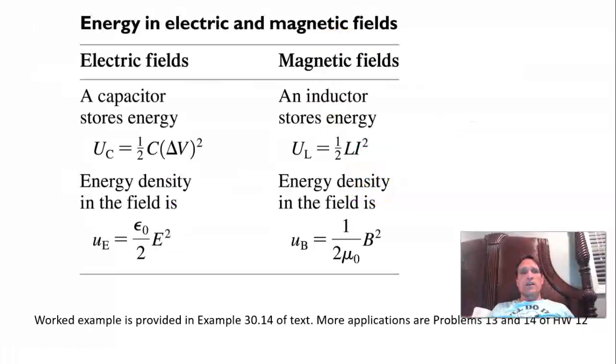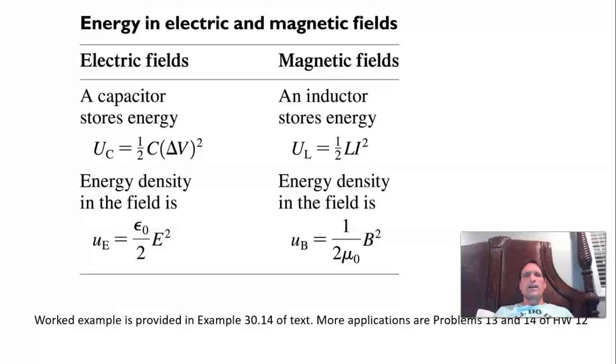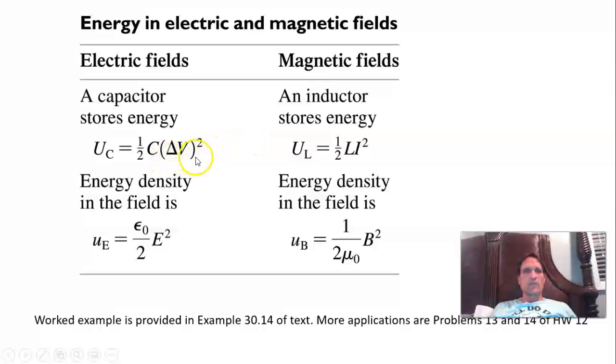So the final topic, and I'm just going to give the result, and there's a homework problem on it, is that we said the inductor stores energy in its magnetic field. In other words, it's like an energy bank, a lot like a capacitor. Remember, the capacitor stored potential energy 1/2 times C times the square of the potential difference across the plates. You can derive that the energy stored in an inductor is, again, 1/2, and instead of C you have L, and instead of potential difference squared you have I squared.